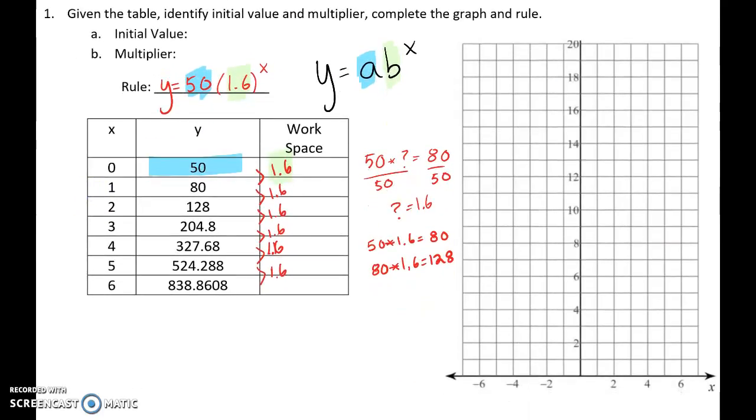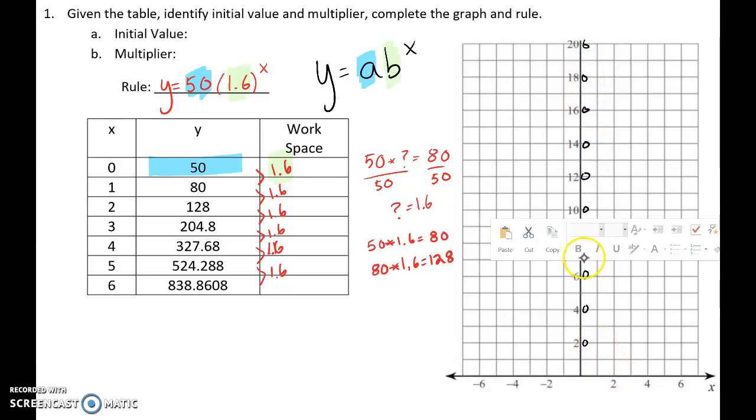If I go over here to graph my function, put zeros here, 20, 40, 60, I'm going to change my scale so that I can actually fit some of these values. 0, 50, excuse me, 180, oops.